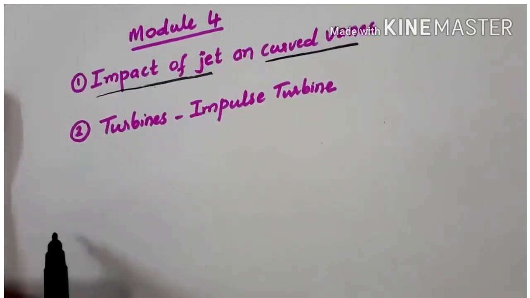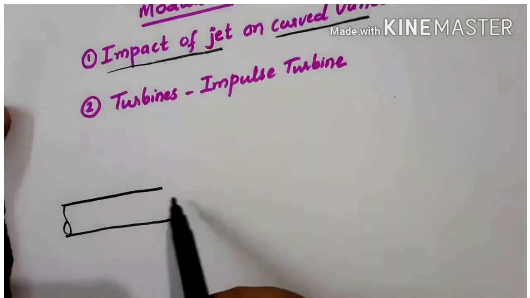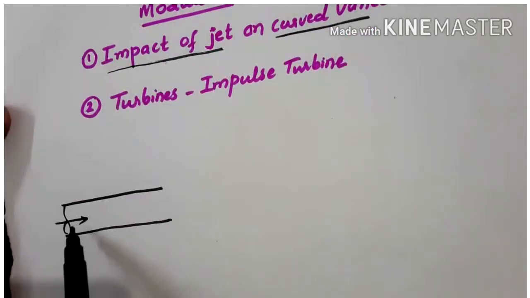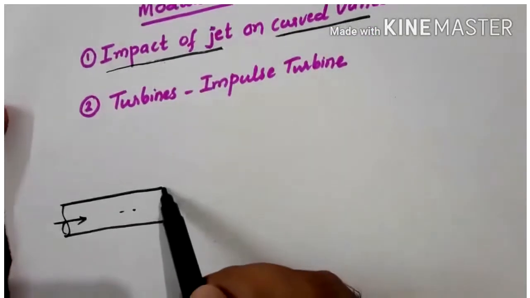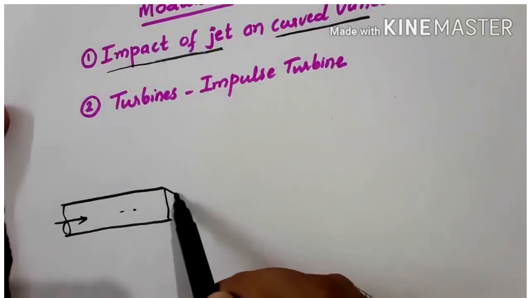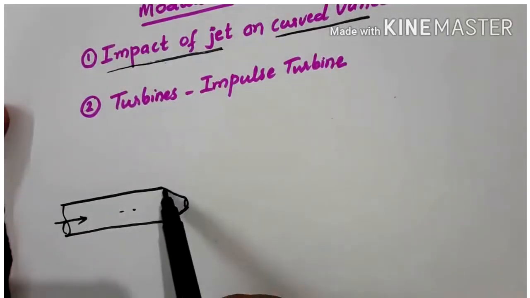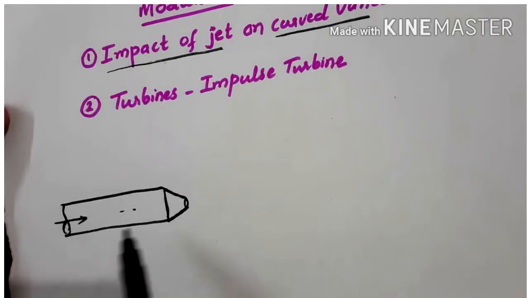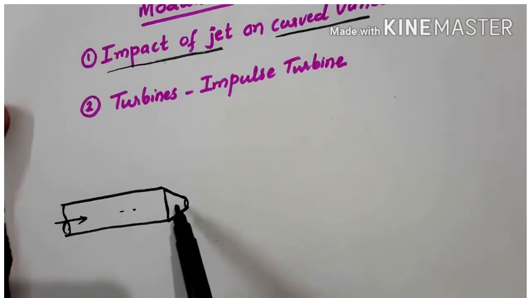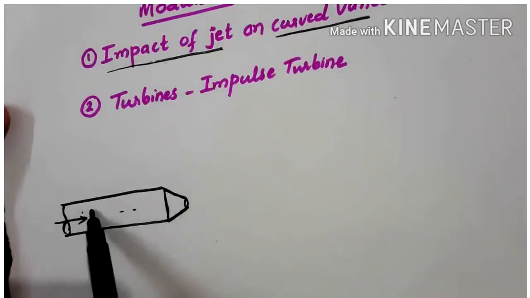Suppose this is the pipe, and a nozzle is fitted at the end of the pipe, just to increase the velocity of the liquid. This is the liquid flowing in this pipe.